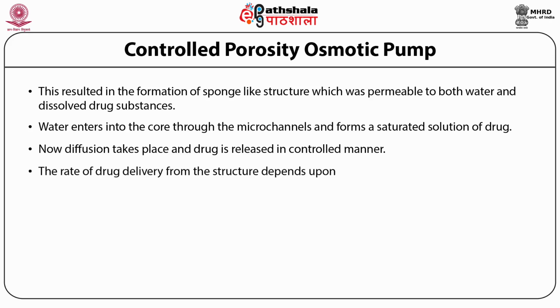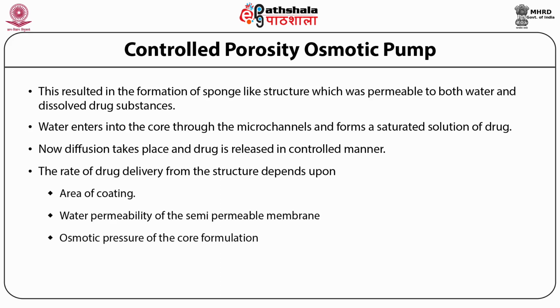The rate of drug delivery from the structure depends on the area of coating, the water permeability of the semi-permeable membrane, the osmotic pressure of the core formulation, and the thickness and total surface area.